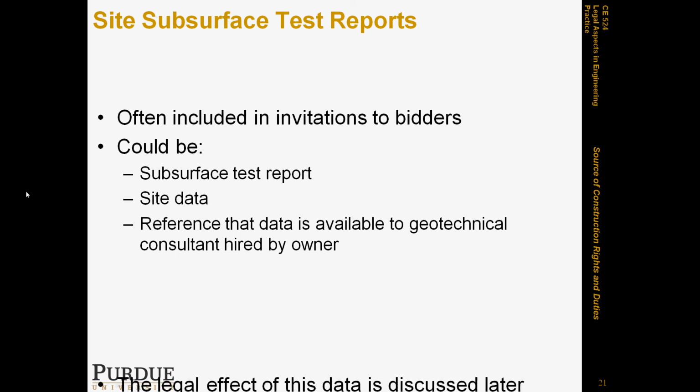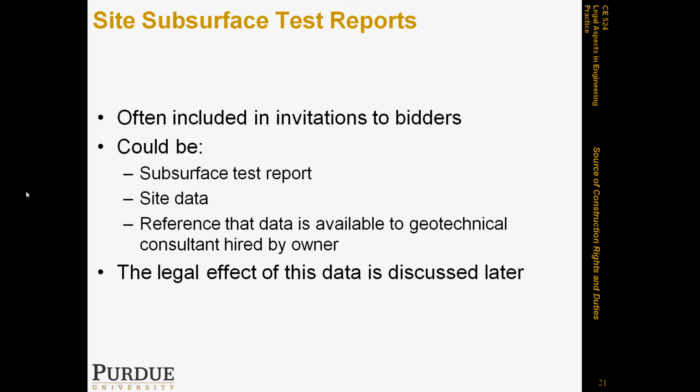The legal effect of those will be discussed later, but in general, they usually are made less than effective, because contractors are usually required to familiarize themselves with the job and carry that responsibility upon themselves.